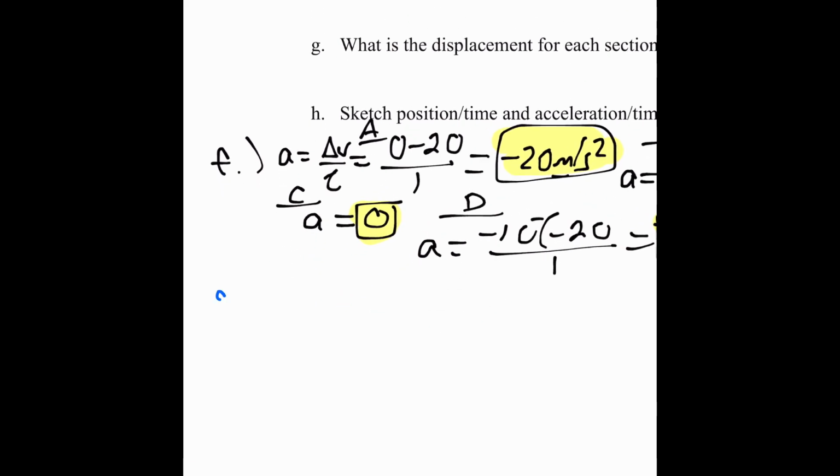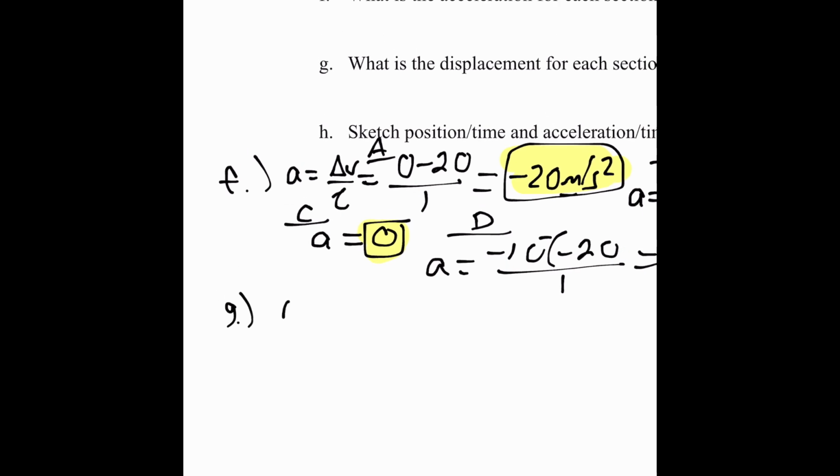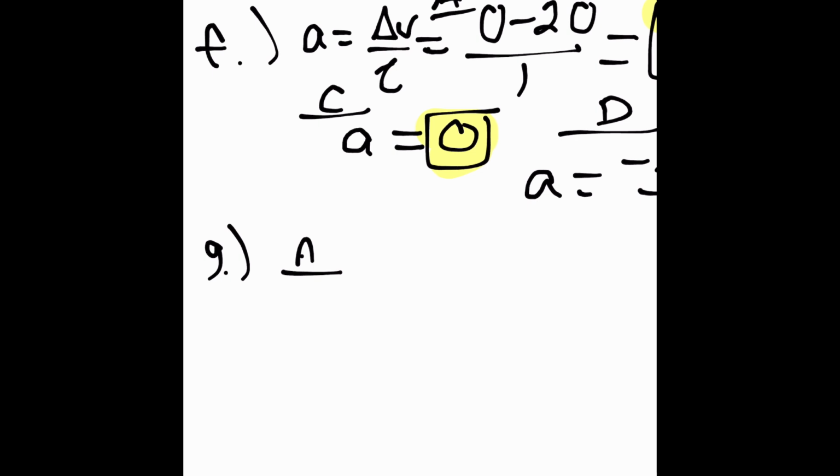Okay, so for G, for section A, right, base times height divided by 2. So 1 times 20 divided by 2 is positive 10 meters.